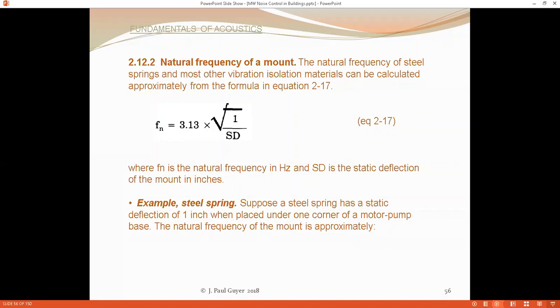Plug that into this formula, and that tells you with reasonable accuracy the natural frequency of the spring isolators.